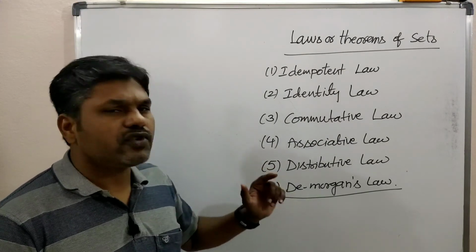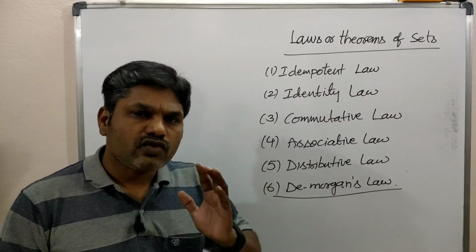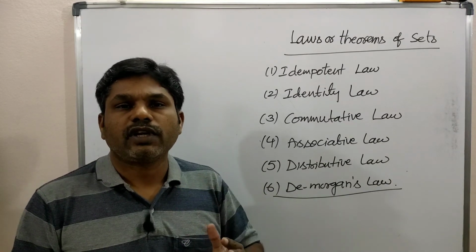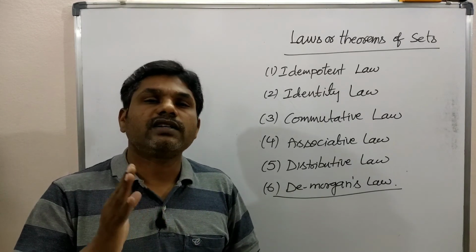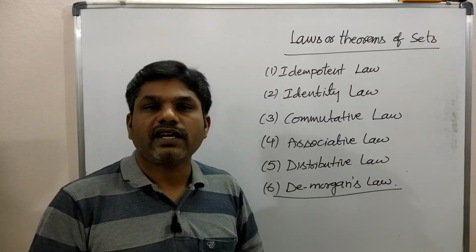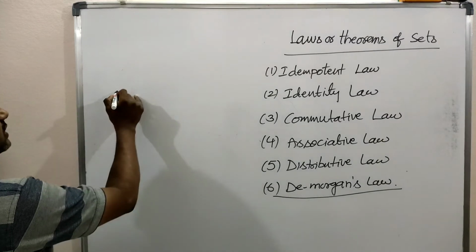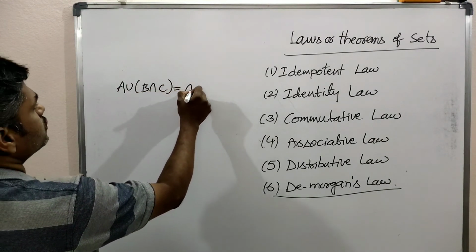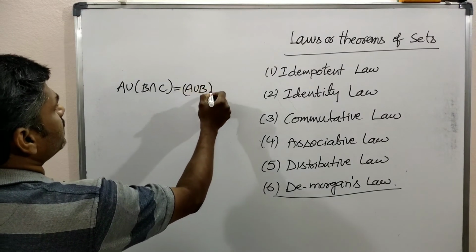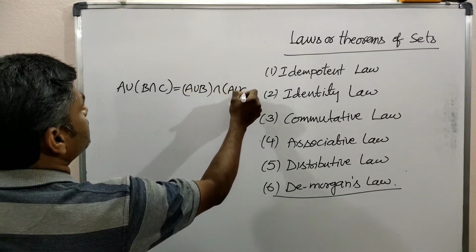But in distributive law, we will take union and intersection at a time. If A, B and C are three sets, then distributive law may be written as A union (B intersection C) is equal to (A union B) intersection (A union C).